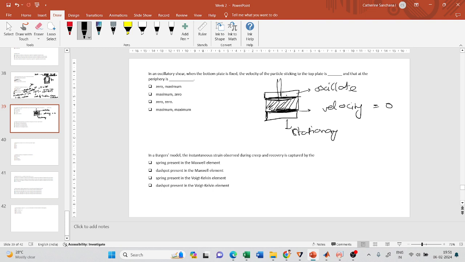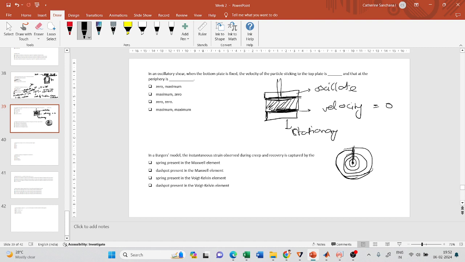The material which is sticking to the top plate will have some velocity, but it will not be the same throughout. Why? Because it is a circular plate, and the particle at each radius will be subjected to different motions.